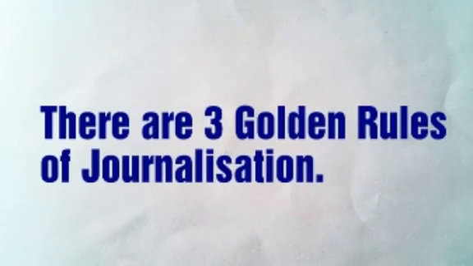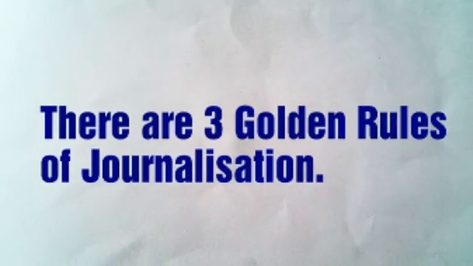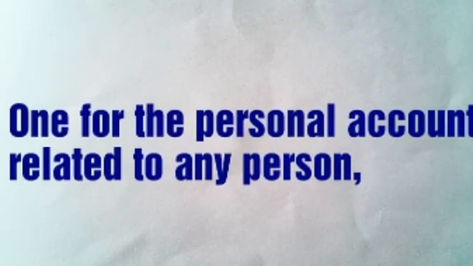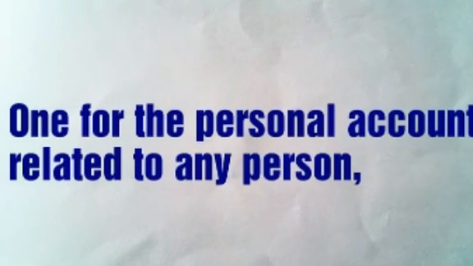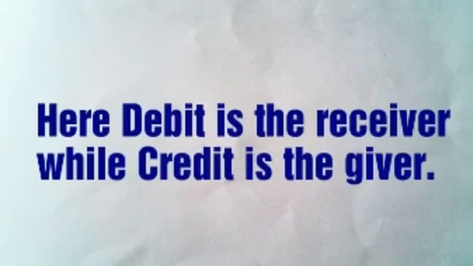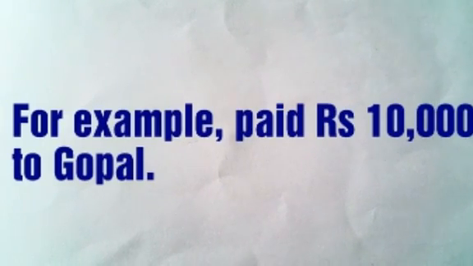There are three golden rules of journalization. That is, one for the personal account relating to any person, debit the receiver, credit the giver. For example, paid rupees 10,000 to Gopal.